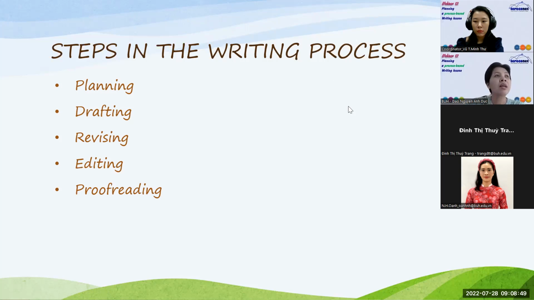If you are asking the student to submit an academic paper with a certain margin or layout, that is for proofreading, spelling as well. So these are the steps we have to go through in the writing process, starting with planning and ending with proofreading.